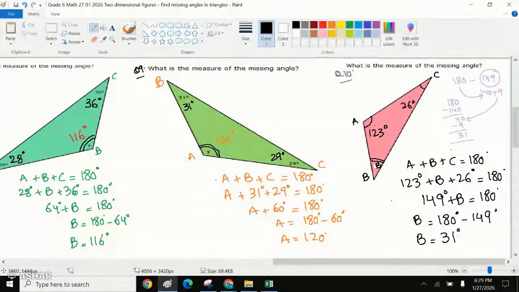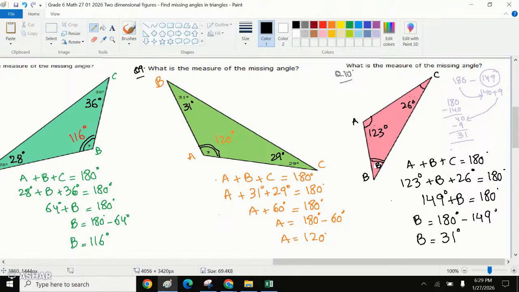Okay? It cannot be 32. Why? Because even minus odd would always be equal to odd. It cannot be an even number because we are subtracting an odd number, right? 149 is an odd number. So 180 minus odd number should leave an odd remainder.